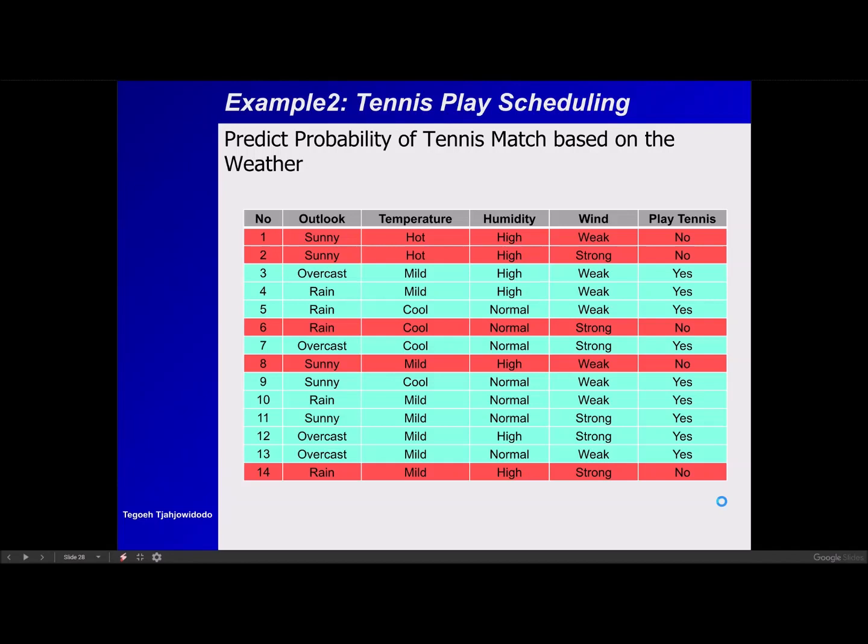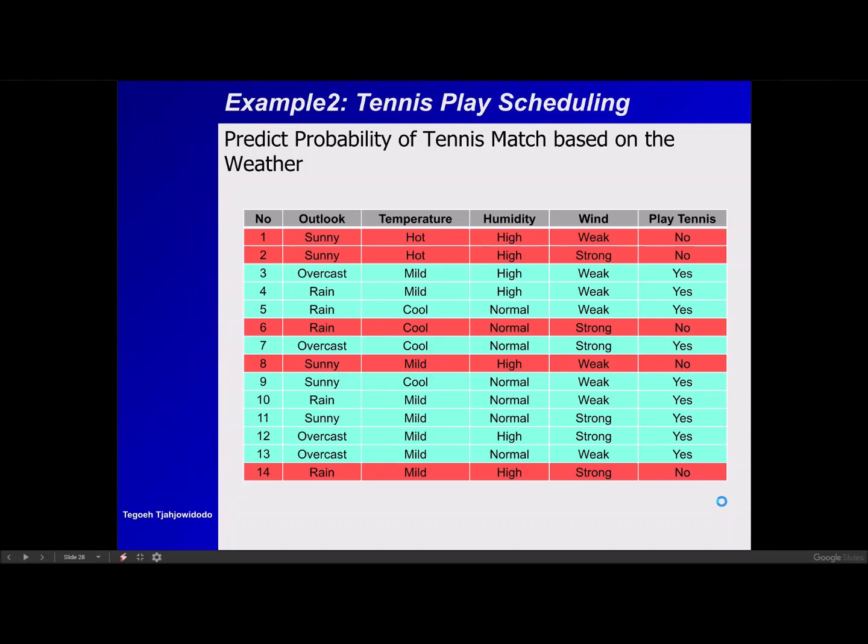Okay, now we have the second example here. It's pretty similar to the first example of the Street Fighter game, but now we have tennis match scheduling. The objective of this model is to predict whether a tennis match will be played or is played based on the weather condition.